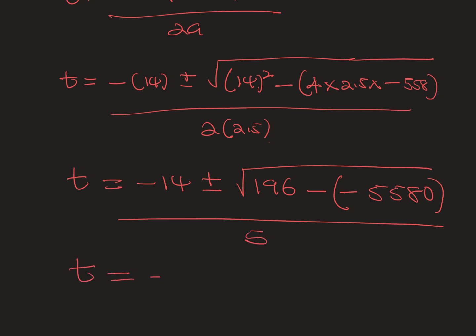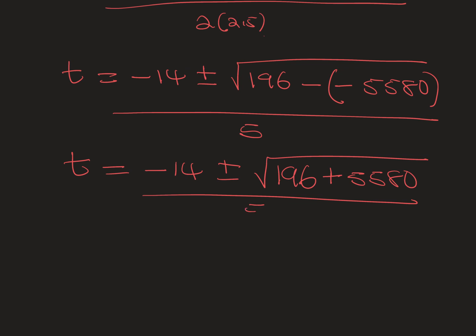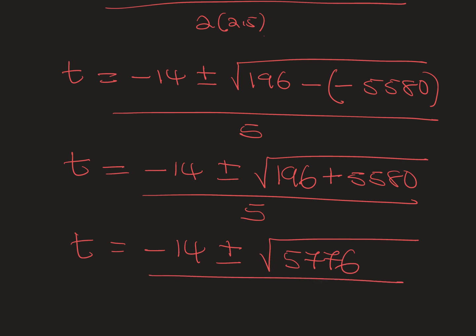So t equals minus 14 plus or minus the square root of 196 minus minus, which will be positive, 5580, all over 5. So t equals minus 14 plus or minus the square root of 196 plus 5580, which gives 5776, all over 5.